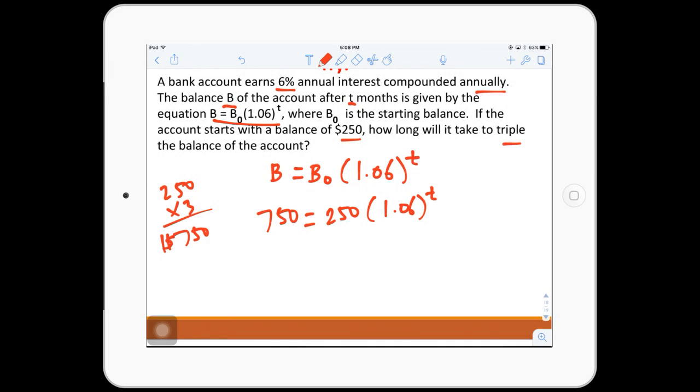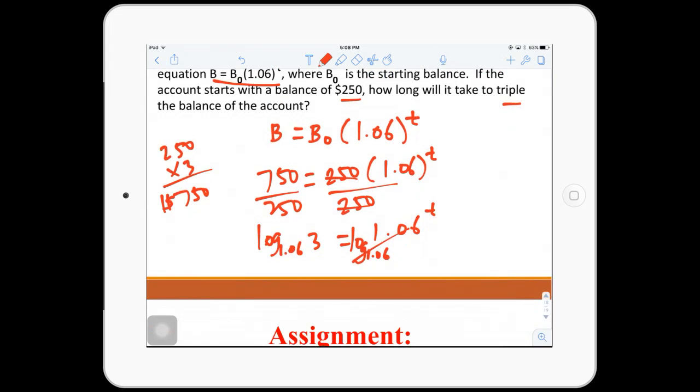We're going to solve for t to figure out how long it will take for the amount to be tripled. The first thing we're going to do again is divide by 250, and we have 3 is equal to 1.06 to the t power. We're going to again apply the log base 1.06 to both sides, and that will cancel out, and we have t is equal to log base 1.06 of 3.